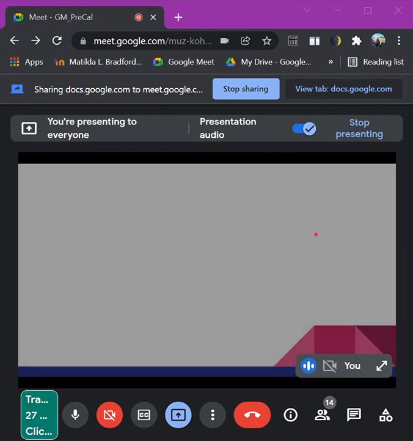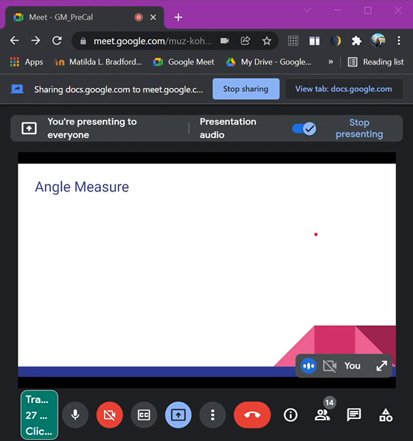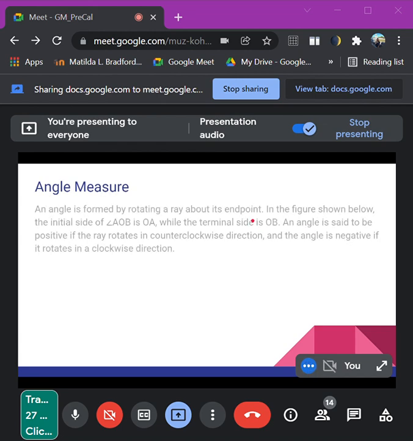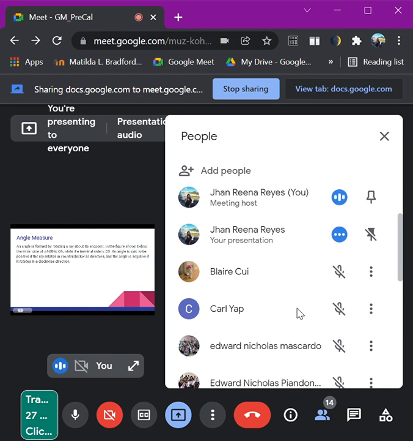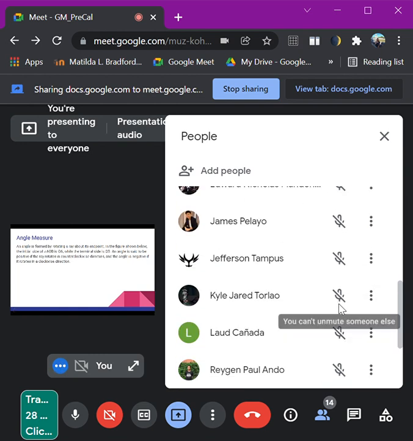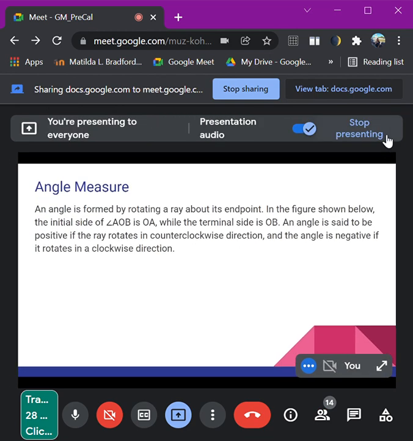So let's start first with our angle measure. So can you please read angle measure, Pelayo? Sure. An angle is formed by rotating a ray about its endpoint.